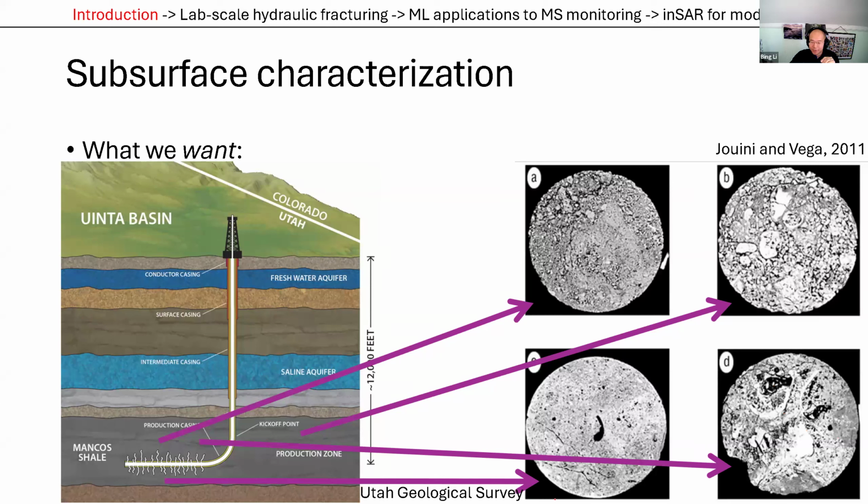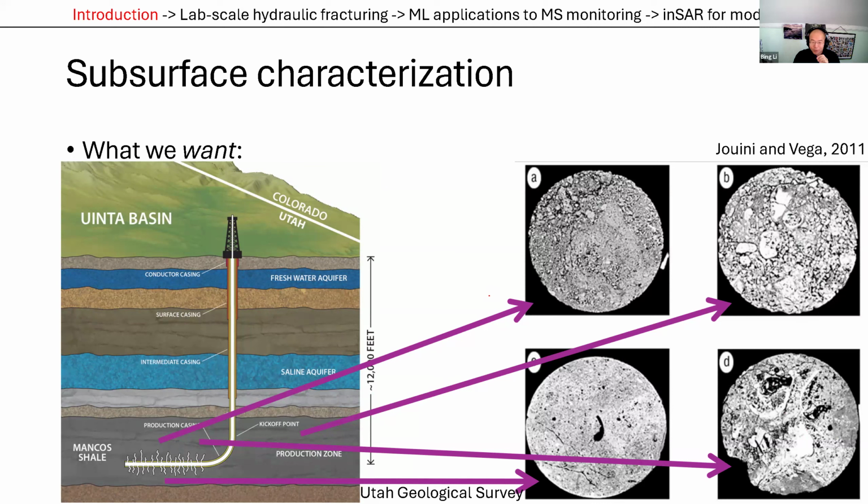Data limitations aside and all that. It would be great if we had micrometer, even nanometer scale resolution of all the mineralogies, all the pores, all the pore fluids, all the structures, that being joints, discontinuities, faults, what have you, everywhere in our rock mass, right? We'd be able to do so much with them.